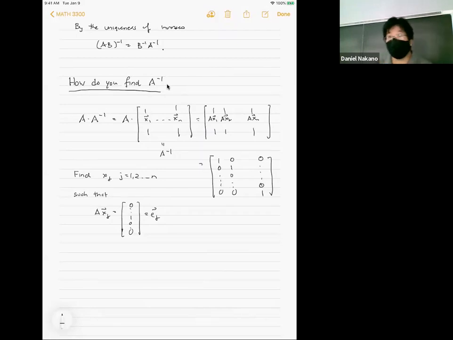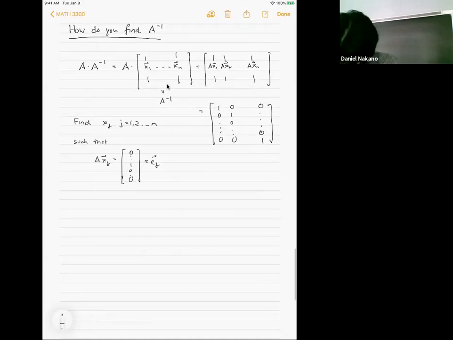Okay, we already know how to do this. We can just use Gaussian elimination n times. Right? So one can find the xj's by using Gaussian elimination n times.